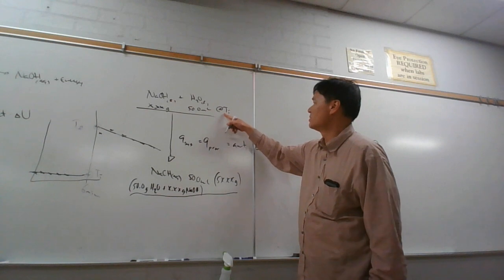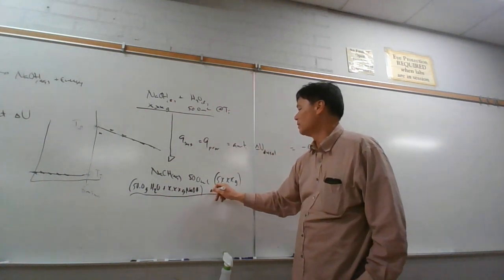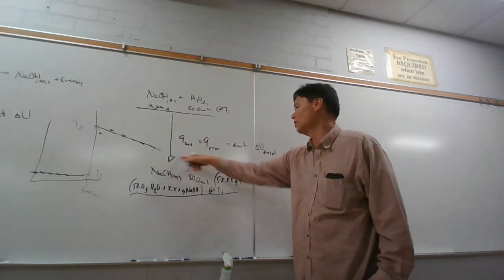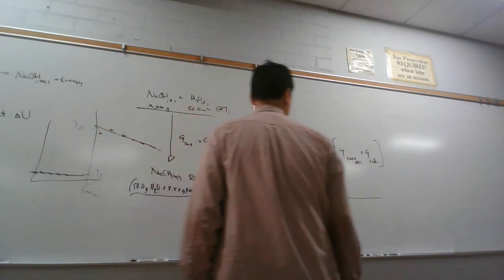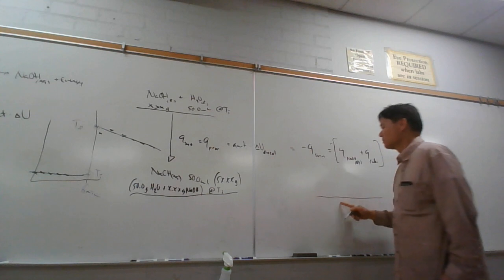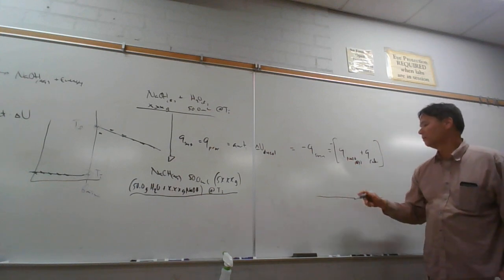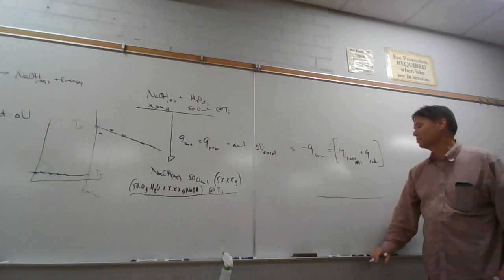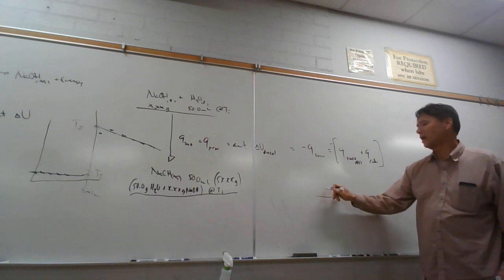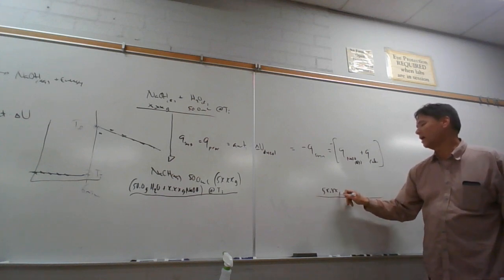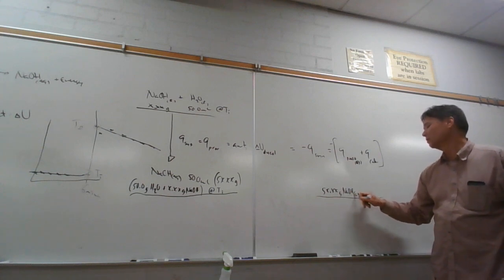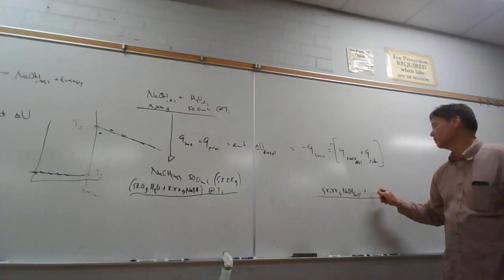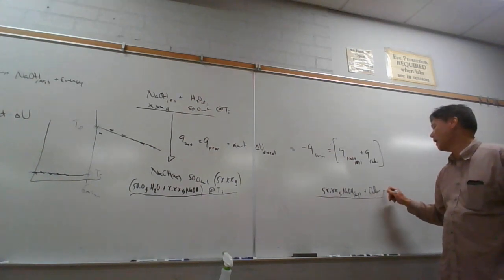But nonetheless, this is going to be at T initial, and then we're going to let this cool back down to T initial all the way down here, and then we'll back extrapolate how much heat was absorbed by the surroundings. How much heat was absorbed by the surroundings we can calculate from here based on the temperature increase of the surroundings. And so we're going to have 50x.xx grams of sodium hydroxide aqueous plus the calorimeter at T initial.